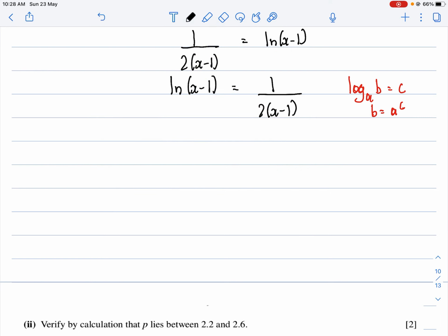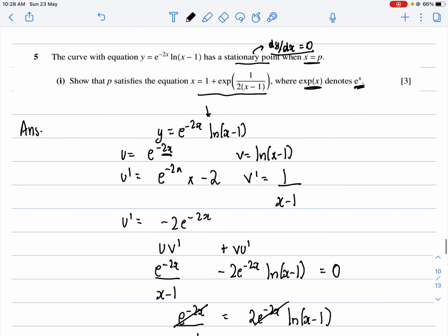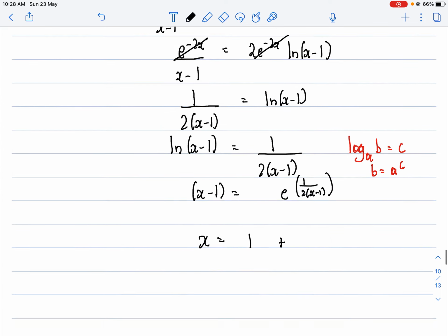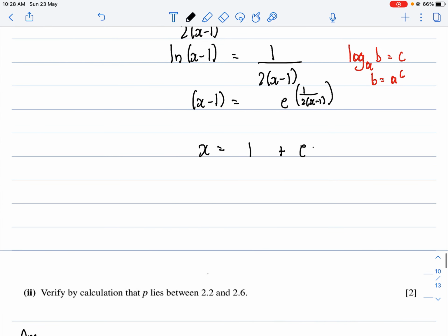So I can simply write this as x minus 1 equals e raised to 1 over 2 into x minus 1, which I can write as x equals 1 plus e raised to 1 over 2 into x minus 1. Here, e raised to x can be denoted as exp of x. So I can write this as exp of 1 over 2 into x minus 1, which is what I needed to show.